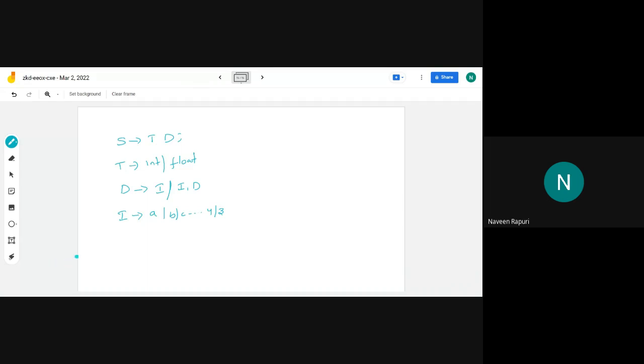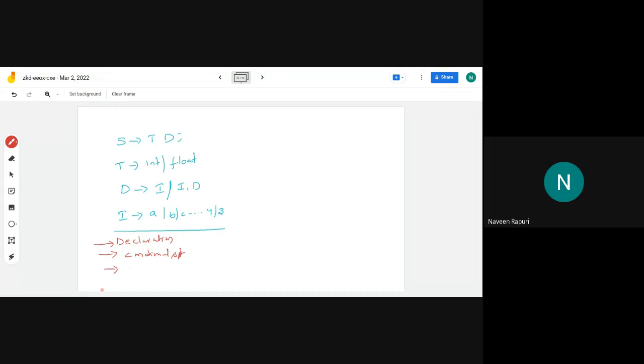Sir, before going to that, what are the different kinds of statements in programming languages? One is the declaration statement. Second is the conditional statement.